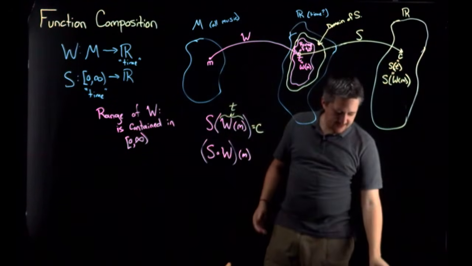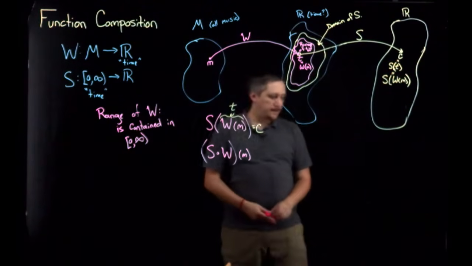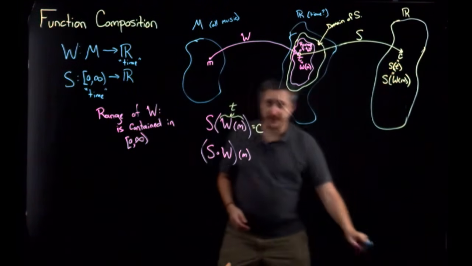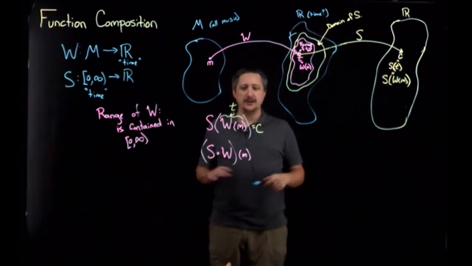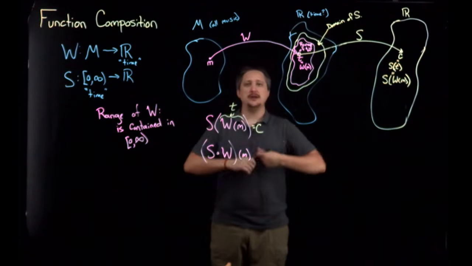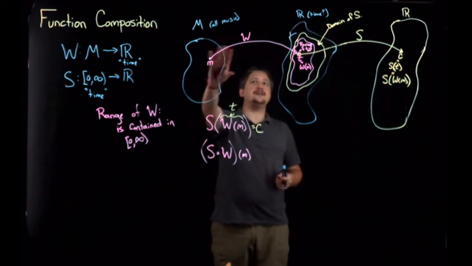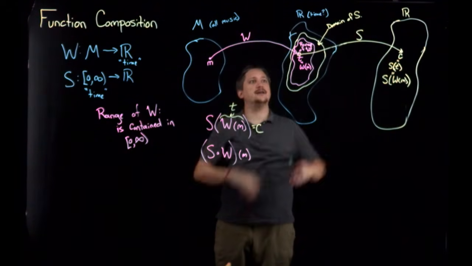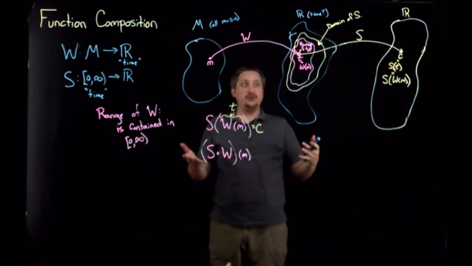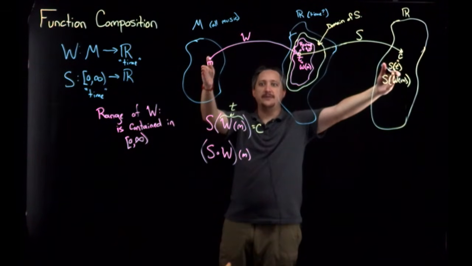Now, as I said, there is a fundamentally different way I can look at this, which is equivalent. I won't get a different answer. I can do either way, but it explains the difference in notation. Because the other thing I could do is say, okay, if I'm going to apply w and land over here, and then apply s to land over there, really, whatever I'm doing, it's going to go from here to there, right?